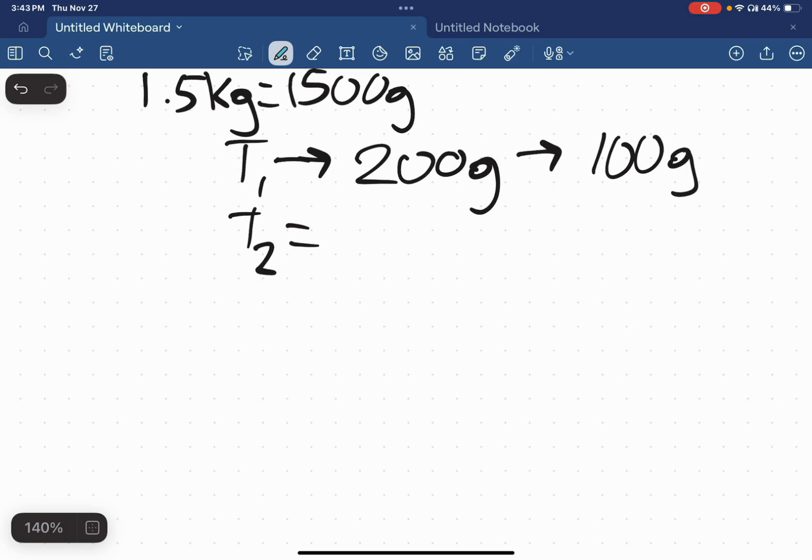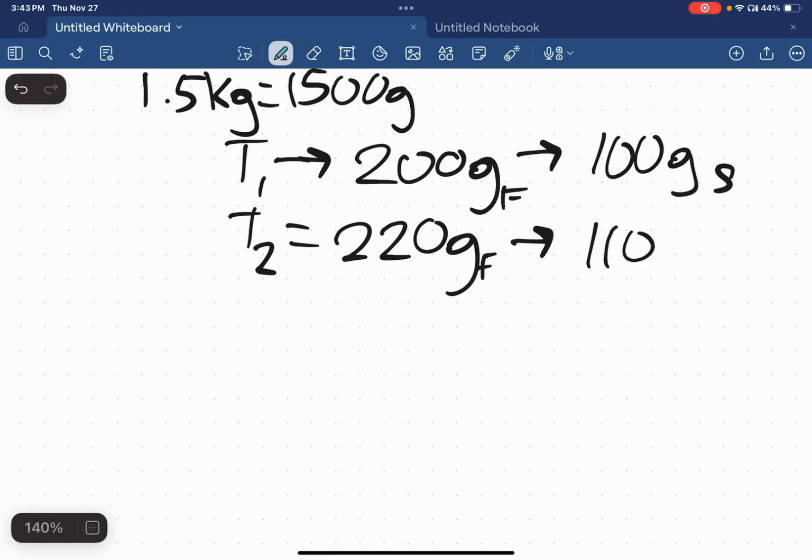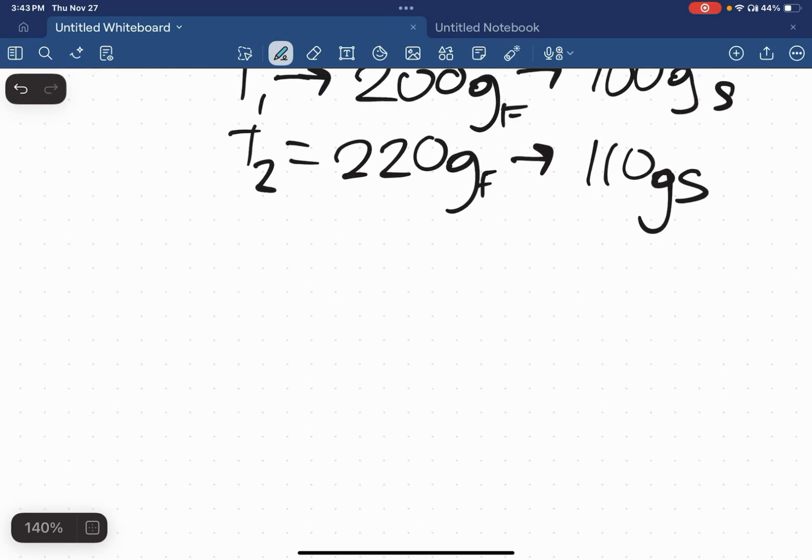If you see what we're doing here, 220 grams, I'm going to mark that as flour, and sugar is going to be 110 grams. And since it's going to keep increasing like this, 230 grams or 240, 120, said it's geometric.